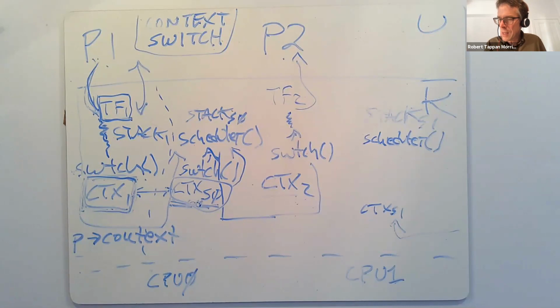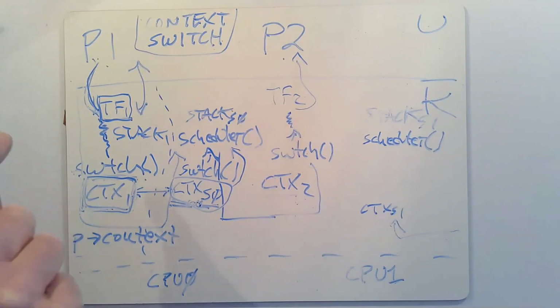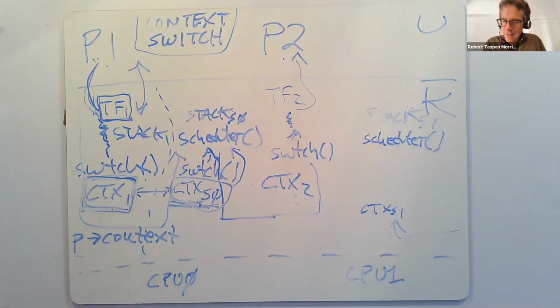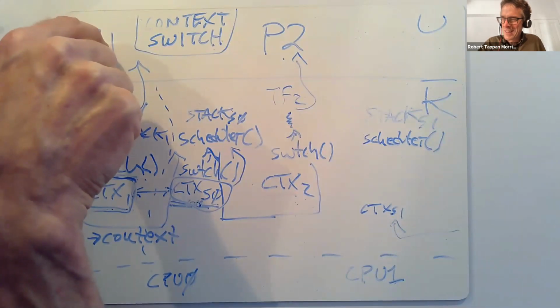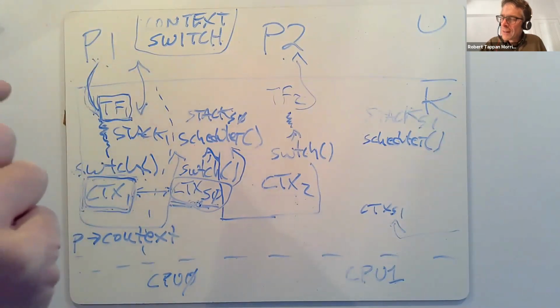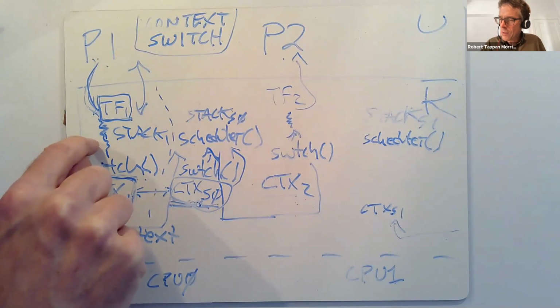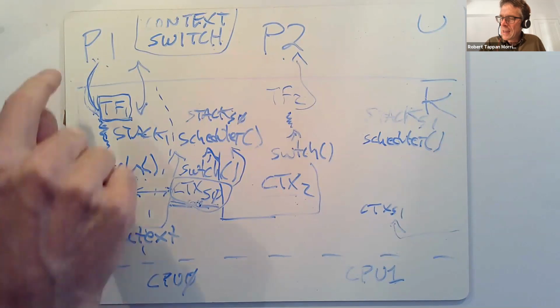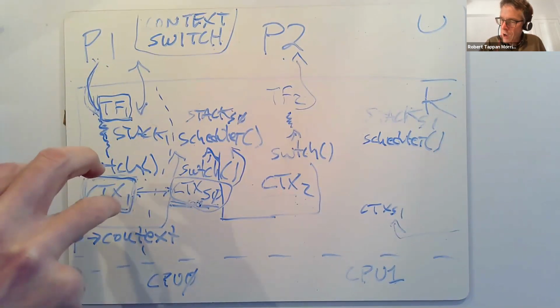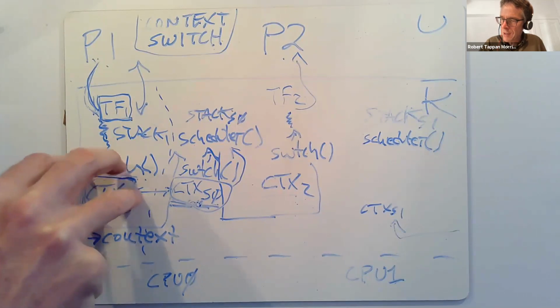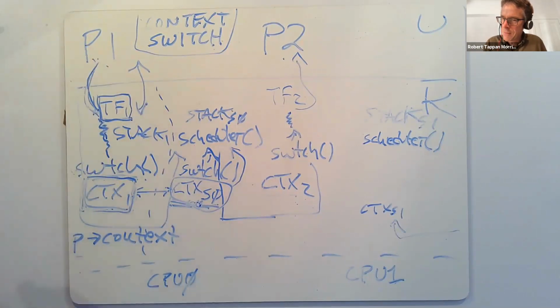In XV6, a process is either executing instructions at user level, or it's executing instructions in the kernel, or it's not executing at all, and its state has been saved away into this combination of a context and a trap frame.